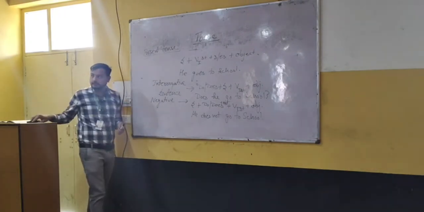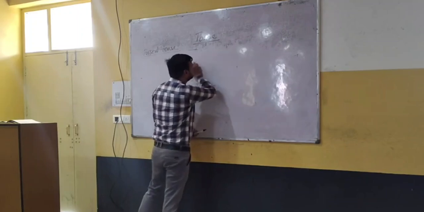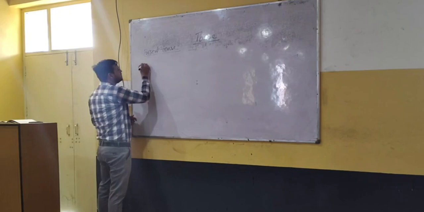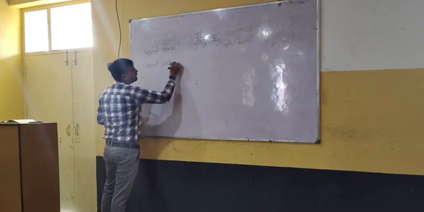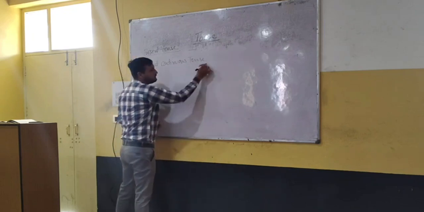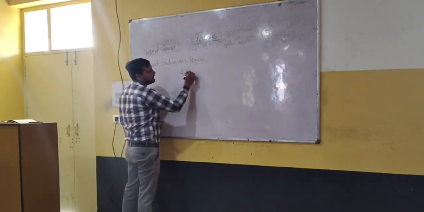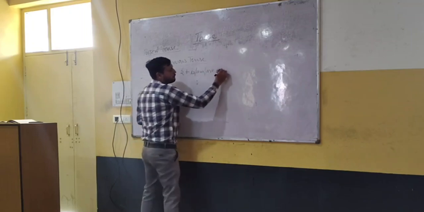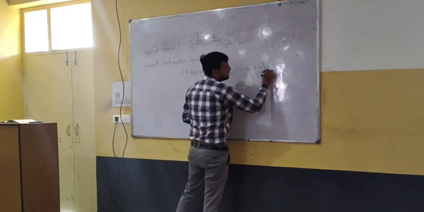Now come to the present continuous tense. Clear? What is the formula? Subject plus is, am, are plus verb's first form plus ing plus object. Clear?